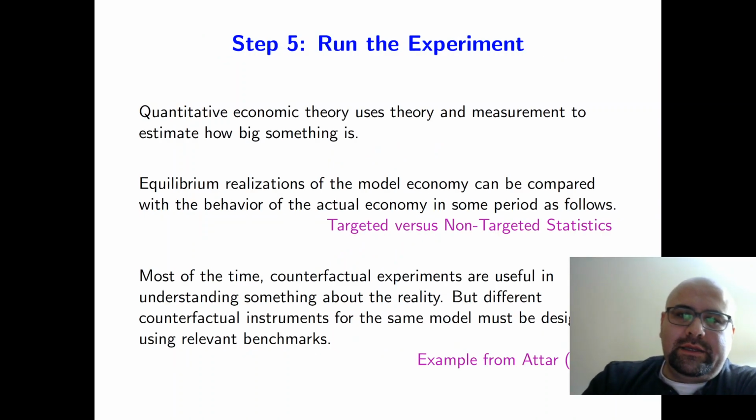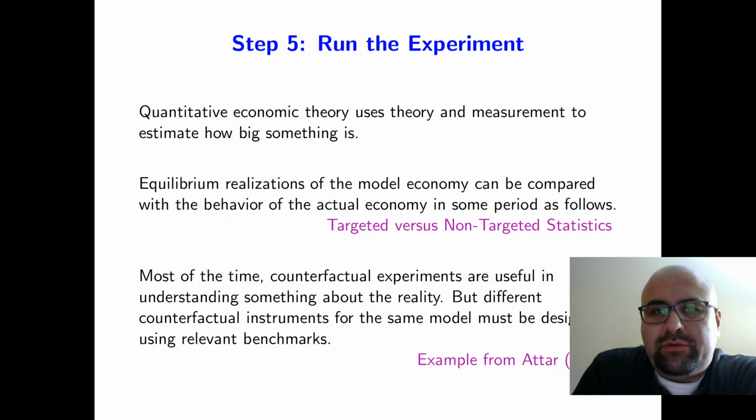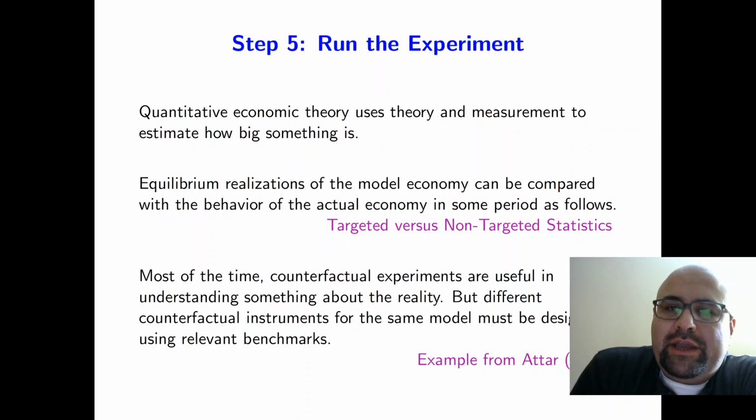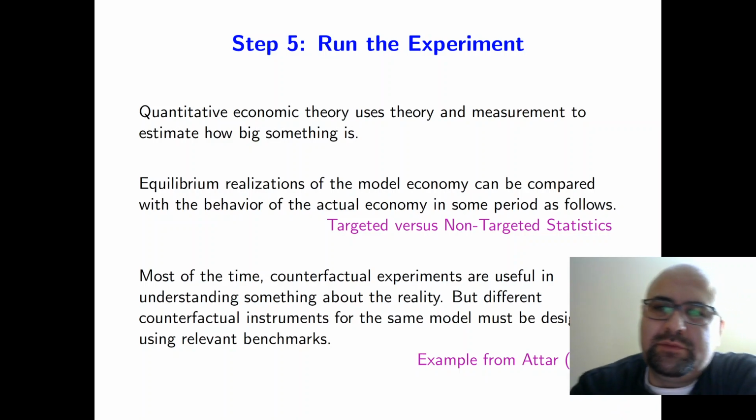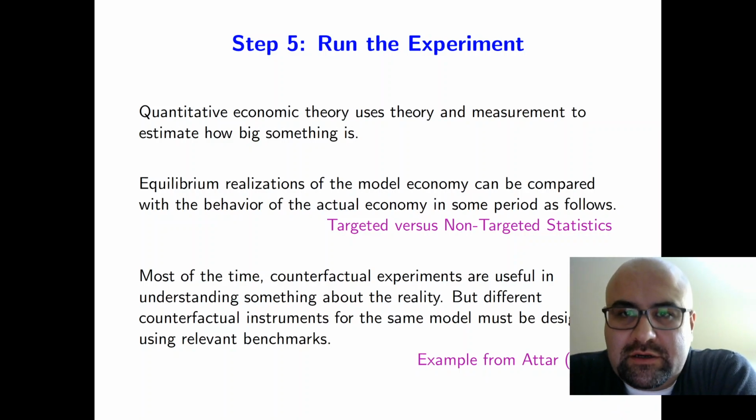Finally, once we ask the question and choose the theory, and after constructing the model economy and calibrating its parameters, we actually run the experiment. Here there is one thing that is important. There are two types of statistics that we can use. One type will be targeted statistics, targeted moments.